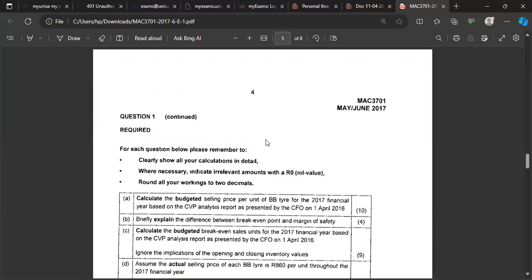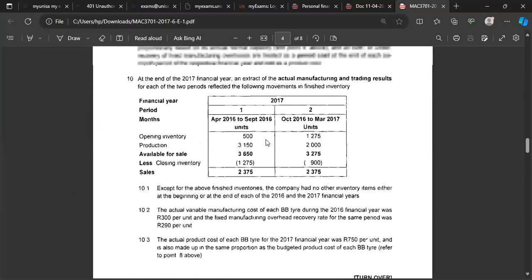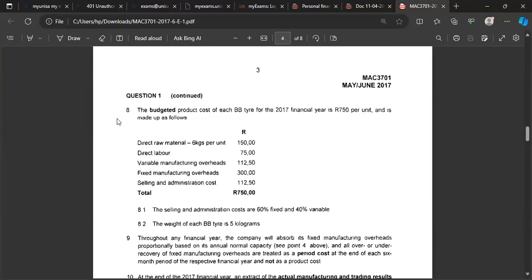Another way in which that could have been presented is where you put your selling price there on top, and then your total variable cost, then you list them down one there, and then you use your selling price as your balancing figure. So you basically have your selling price on top, then total variable cost.